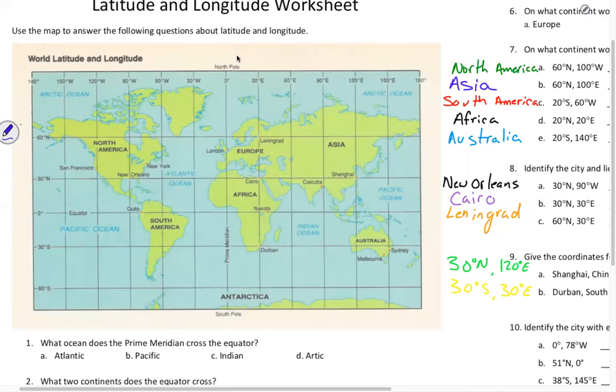All right, let's say 0 degrees and then 78 degrees. And how do we spell that? Quito. 51 degrees north and 0 degrees. Okay. London.